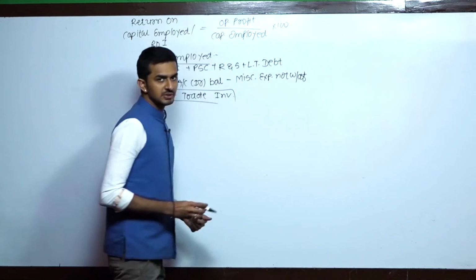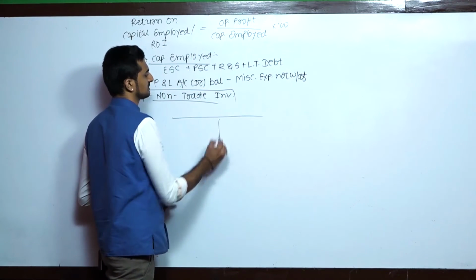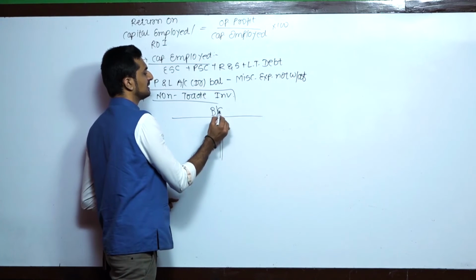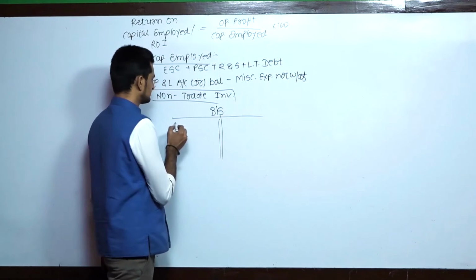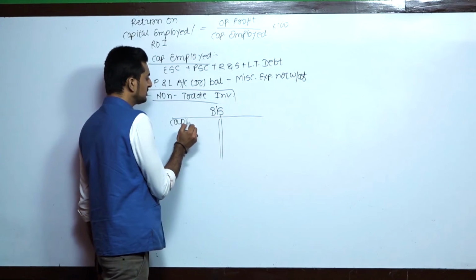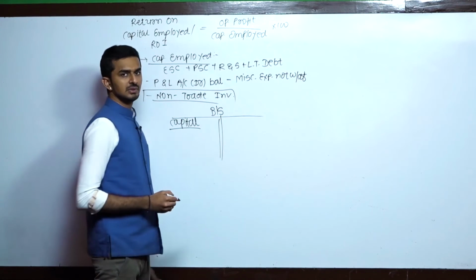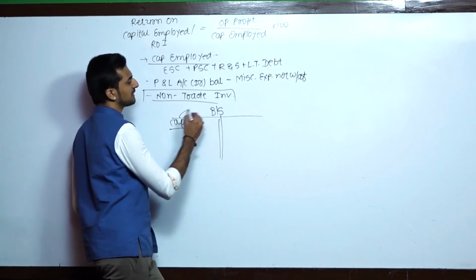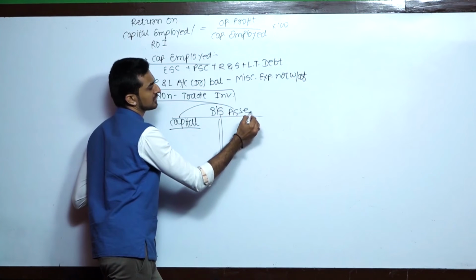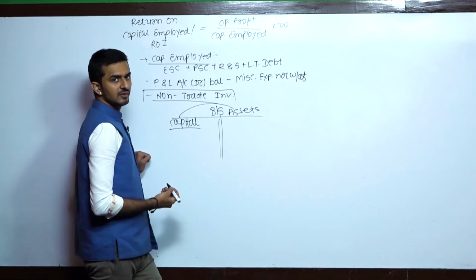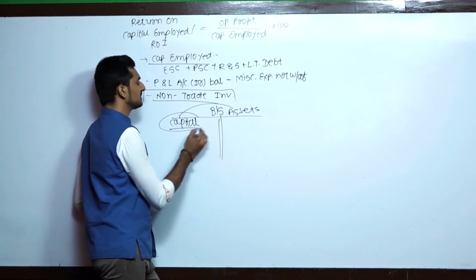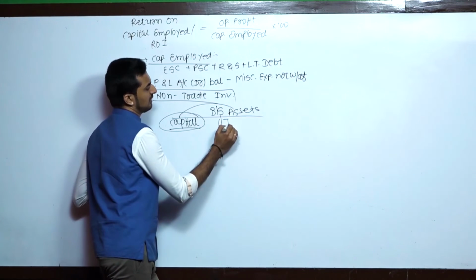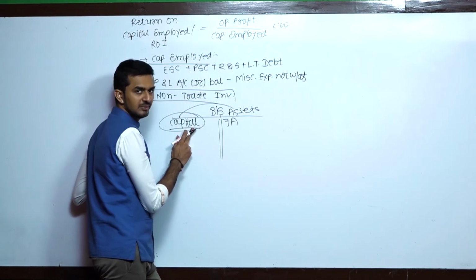To explain this better, I'll say it this way. Let's say there is a balance sheet. Over here you have got capital employed, and this capital is funding the assets that you have generated on the asset side. What are the assets that you generated from the capital? Of course, fixed assets are being funded by capital only.